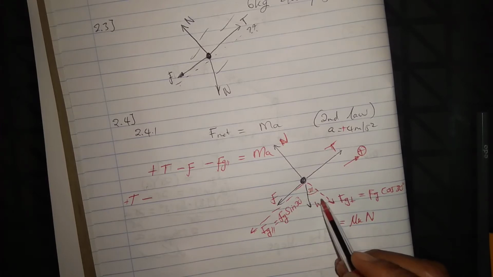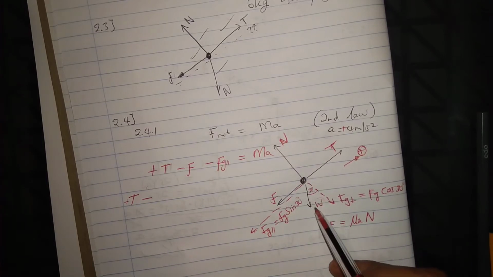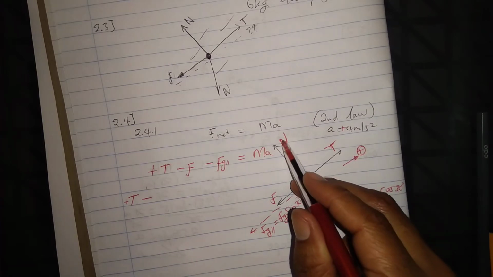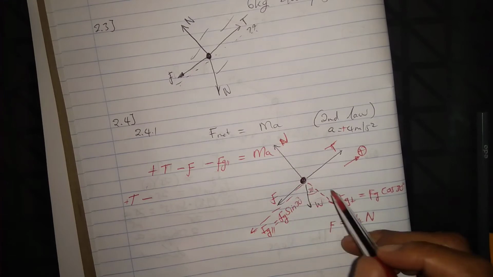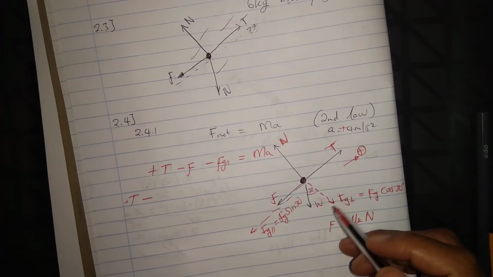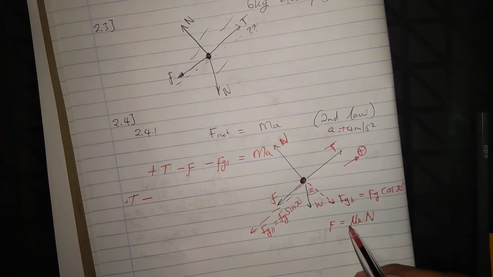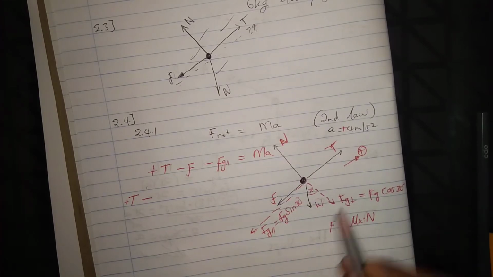On an inclined plane, the normal force is always equal to the perpendicular component of the weight. So the frictional force is mu k, the coefficient of kinetic friction, times the normal force.